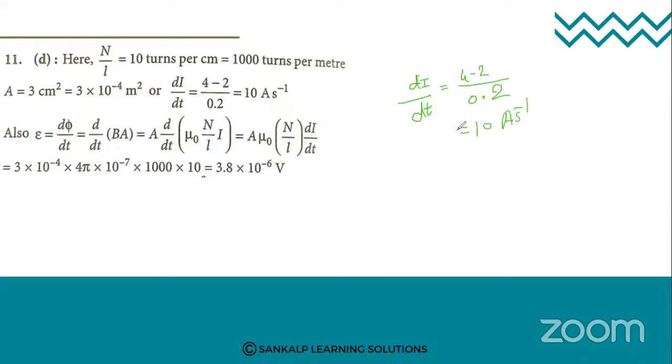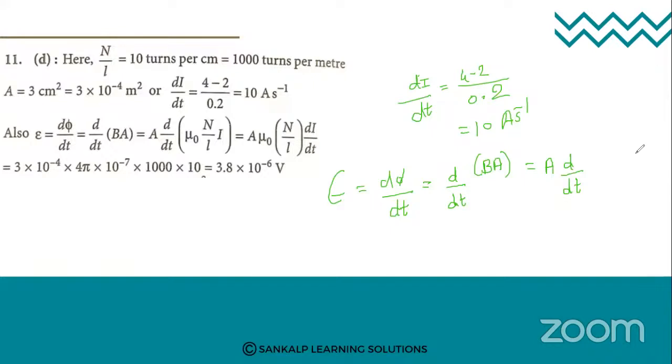So this is the change in the current. We need to calculate the EMF or the voltage that is given by dφ by dt according to Faraday's law. So d by dt as it is you keep. Then the flux will be BA, where A is constant, so keep it out, dB by dt.